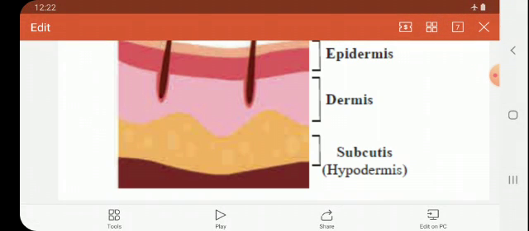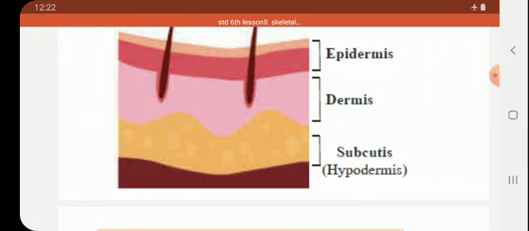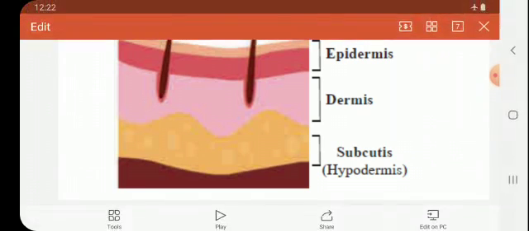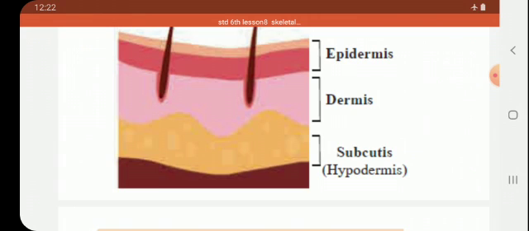If the temperature increases or decreases from this, then we face certain health problems. Our body temperature should not increase more than that. We say that a person is having a fever if the body temperature is more than 37 degrees Celsius or more than 97.8 degrees Fahrenheit. So skin helps to maintain our body temperature.